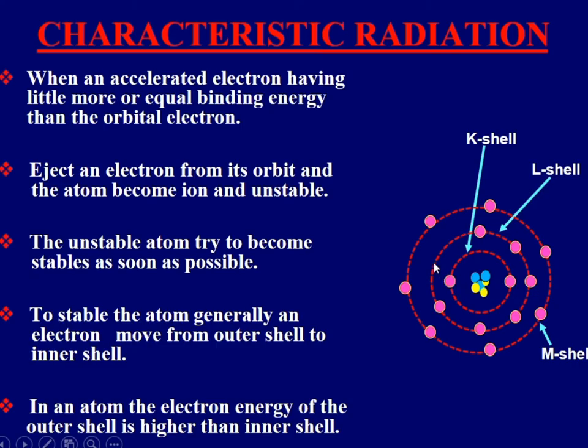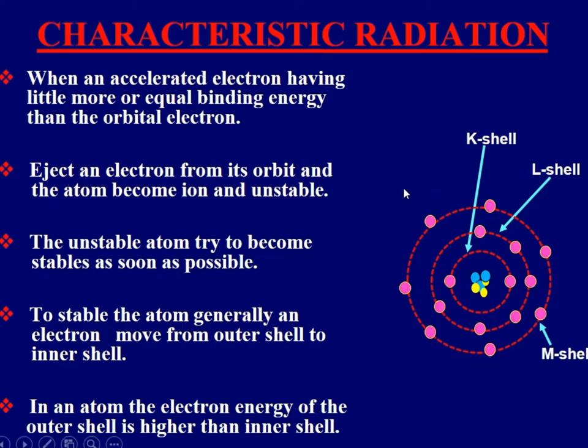When this outer shell electron tries to fill this vacancy, there is a transition from a higher level to a lower level. We have already discussed that Bohr stated that whenever there is a transition between two different levels, a respective photon is released. So this is how a photon is released, which is called characteristic X-ray radiation or characteristic radiation.